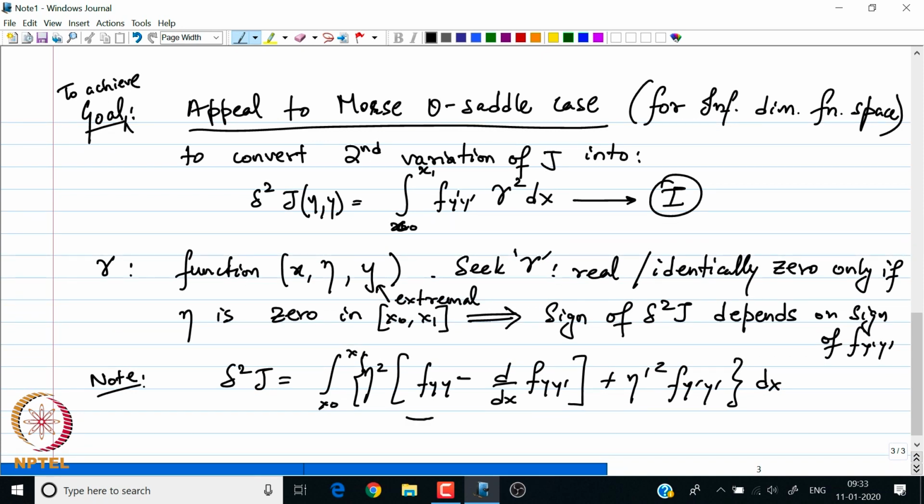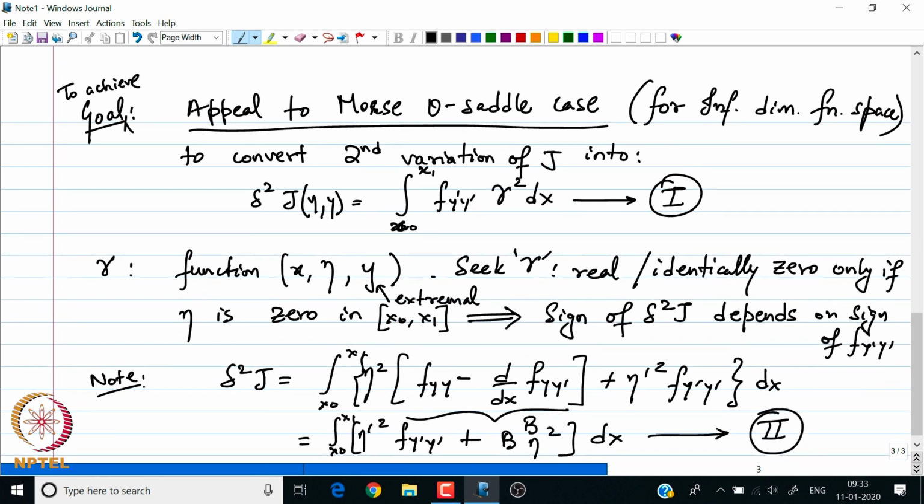Let me call the bracketed expression b. Then my second variation is the integral from x0 to x1 of eta prime square f y prime plus b times eta square, integrated with respect to x. Let me call this form of the second variation 2.